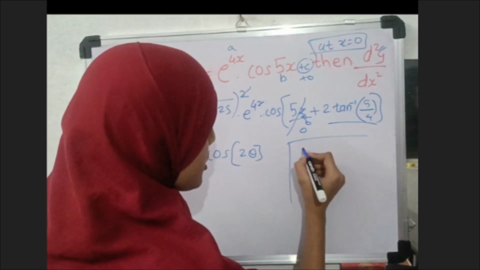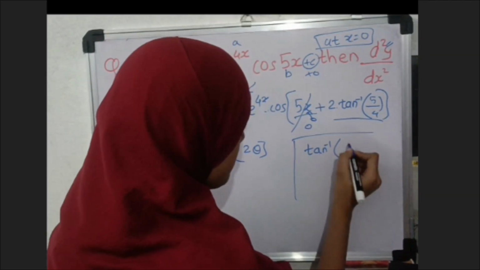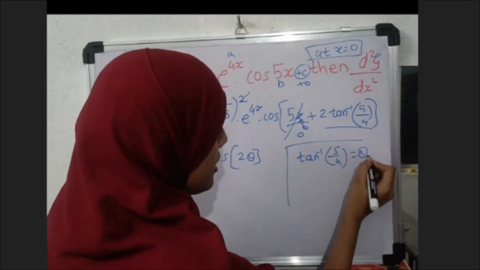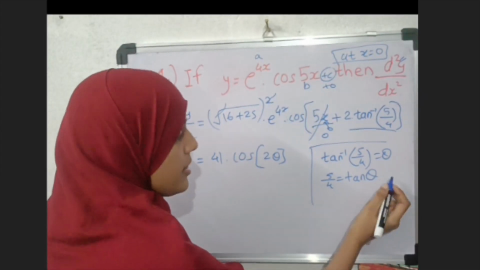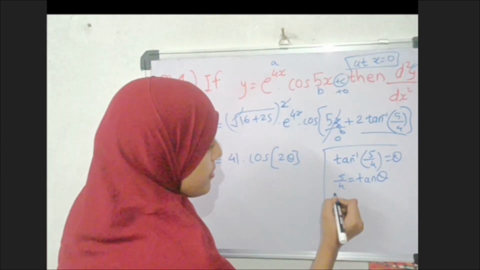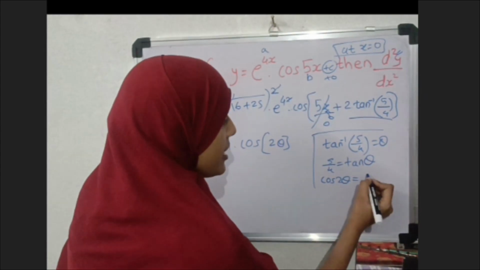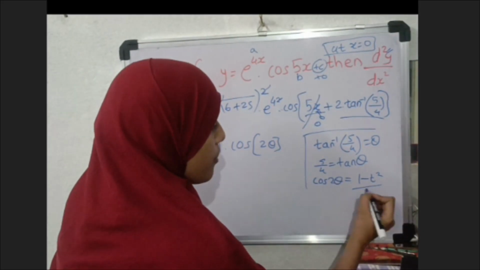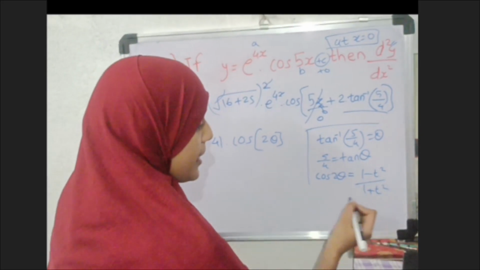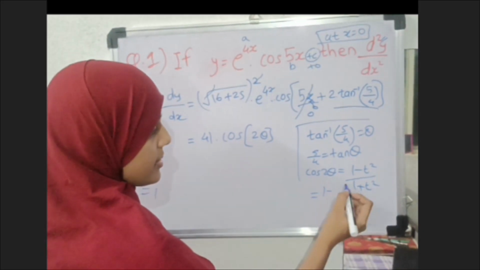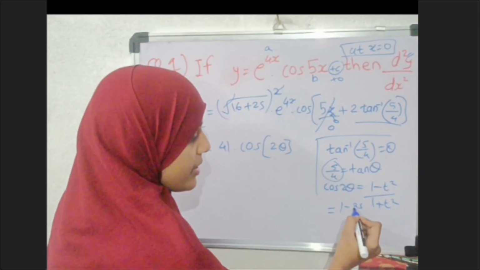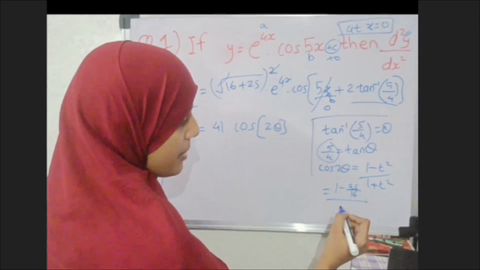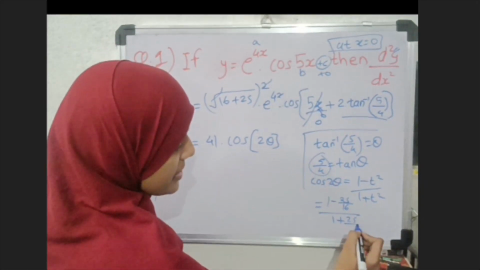So as we assume tan inverse 5 by 4 as theta, so 5 by 4 will be tan theta. Now we know cos of 2 theta will be (1 minus tan square theta) upon (1 plus tan square theta). So 1 minus tan square theta, that is 5 by 4 square, that is 25 by 16, divided by 1 plus 25 by 16.